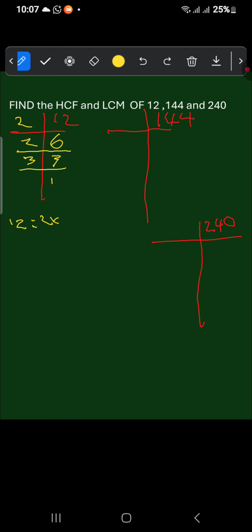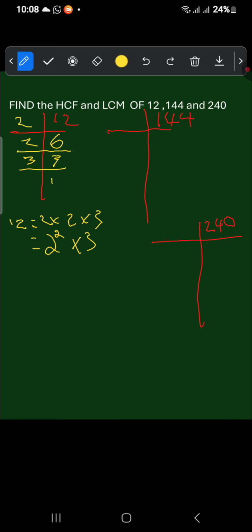Sorry, it's not 2 to the exponent 3, it's 2 to the exponent 2 times 3.